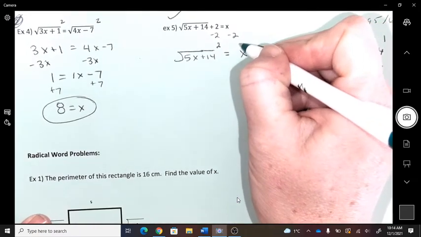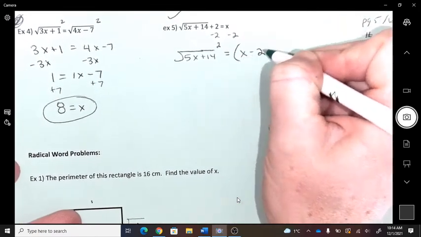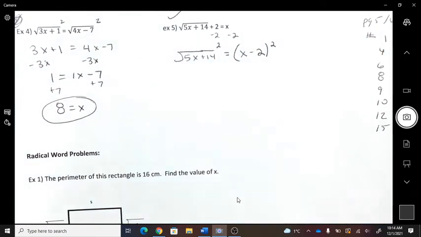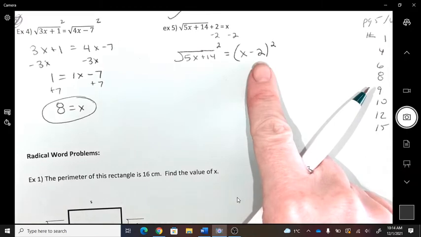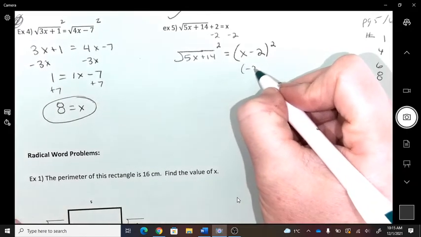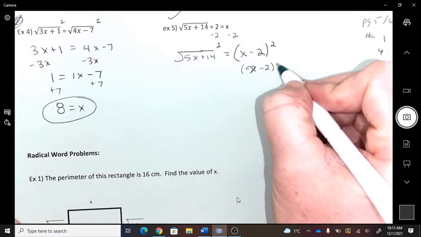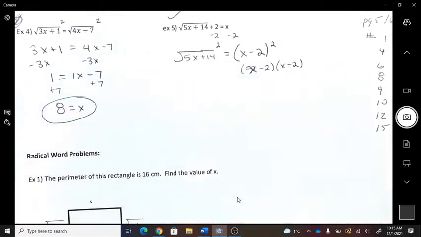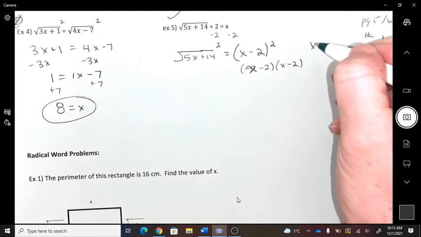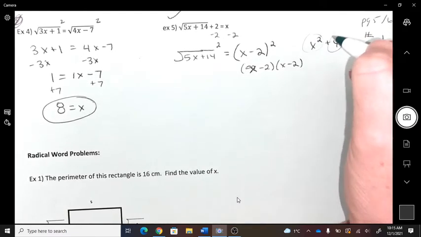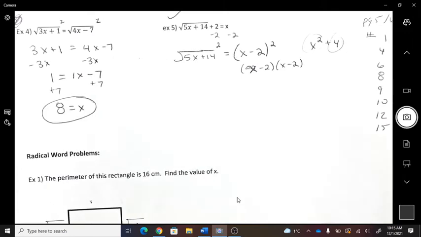Okay, so if I'm squaring this side, I'm squaring that whole side. This is going to create a FOIL, right? Do you see it? I get this error a lot, that people write x squared plus 4 because they just square each thing. You're not squaring each term, you're squaring a unit, a binomial unit.